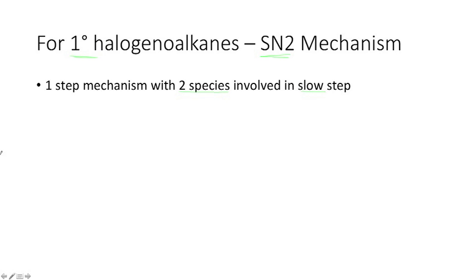So in this instance, we can just take any primary halogenoalkane, and in this instance we're still going to get our dipole, and instead of having one species in the slow step, in this case we're going to have two.